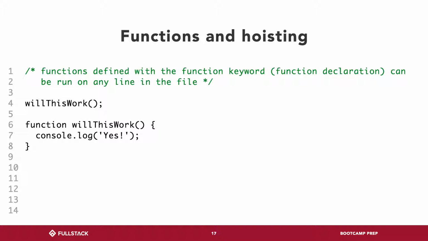So it doesn't matter where you declare your function. This will always work. They're defined with the function keyword, and they can be run on any line. You don't have to define this over here and then call this. It'll just be pulled to the top.